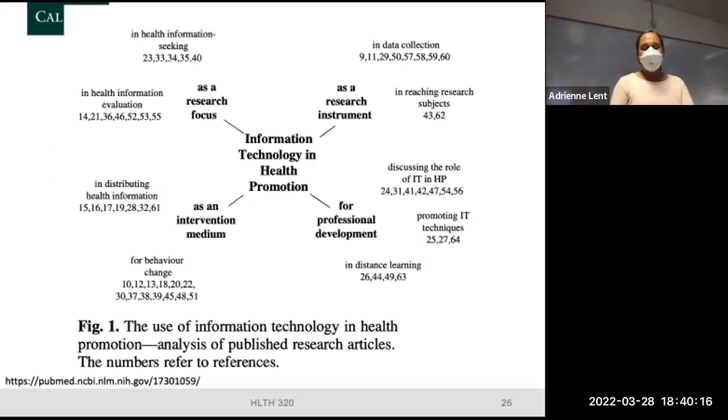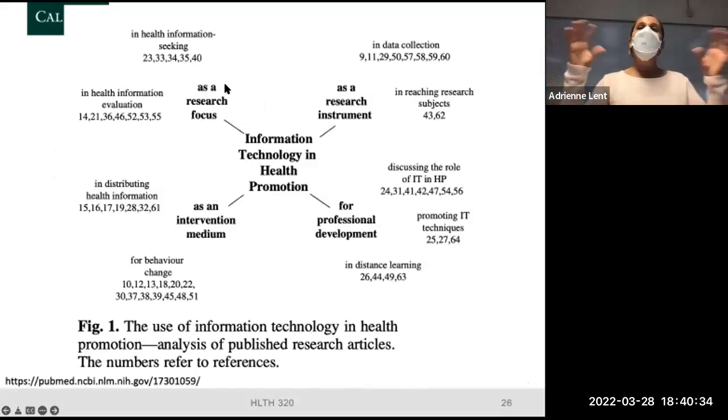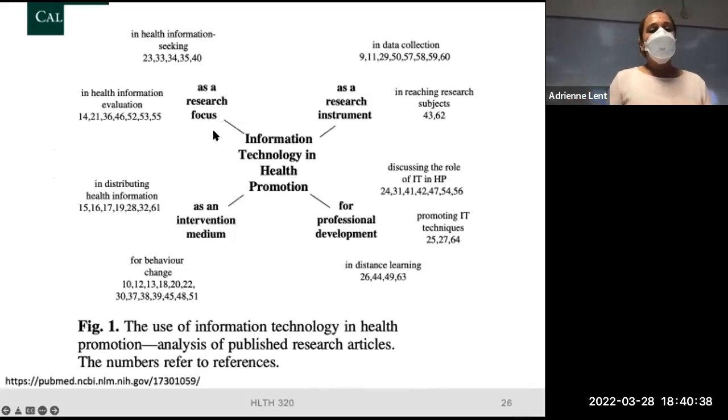Okay, so this slide is from a systematic review that looks at how information technology is used in health promotion. And the authors identified these four overall categories. And the first one is using IT in health promotion as a research focus.